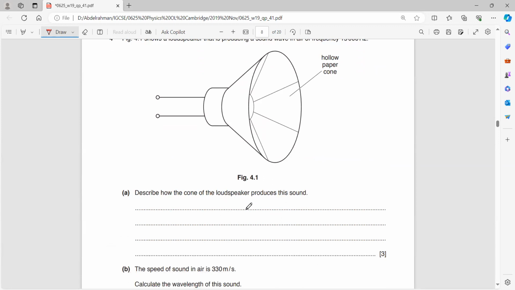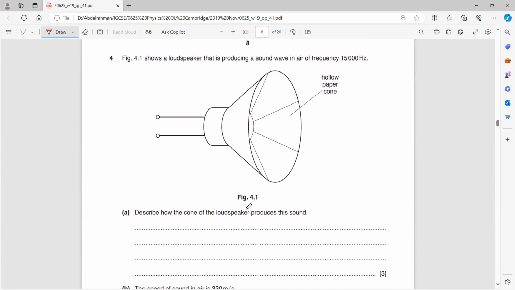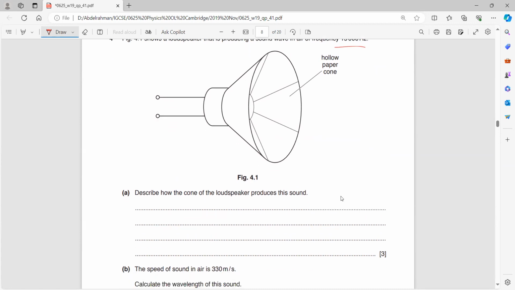A loudspeaker producing a sound of frequency 15,000 hertz. Describe how the cone produces this sound. Can anyone tell me how this cone produces the sound? It's a very easy question.